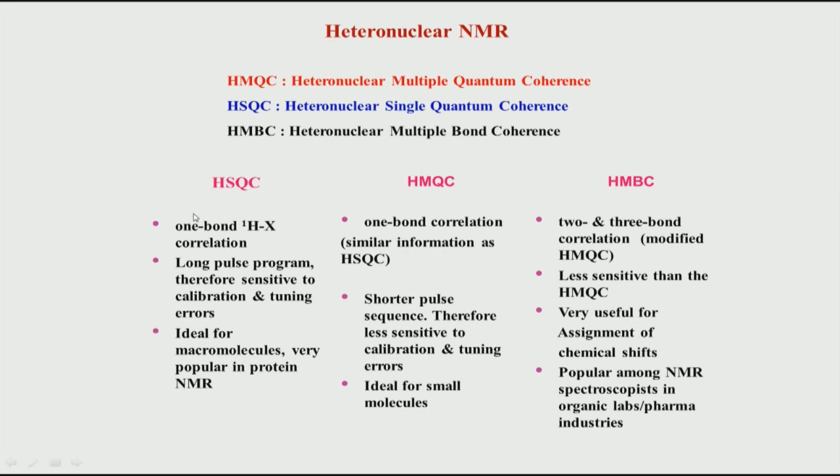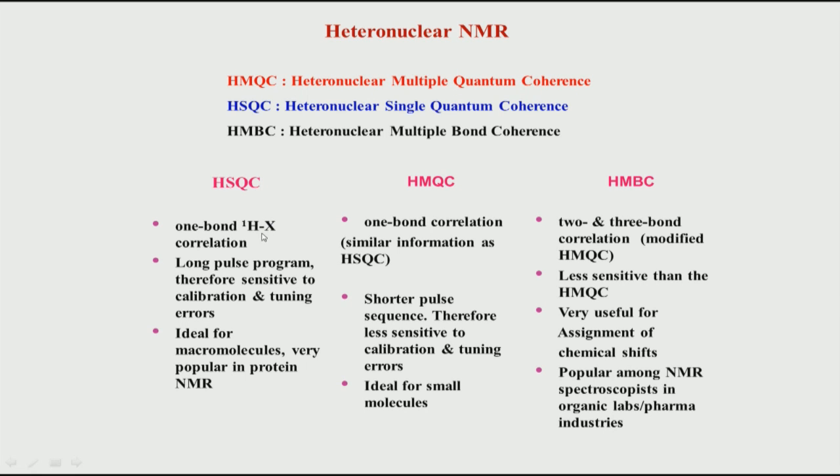As written here, this is a one bond proton to carbon correlation, which means that any proton and carbon pair will be detected in this spectrum only if they are directly connected by a single bond. So, we will not get any correlation, for example, from a carbonyl, because in a carbonyl there is no direct attachment of carbon to a hydrogen.